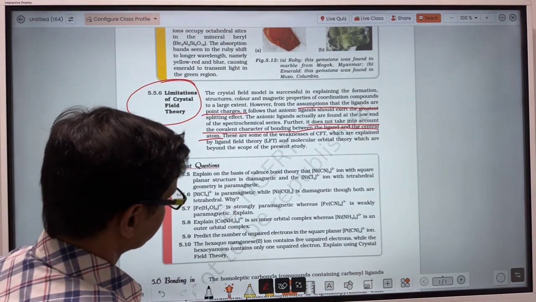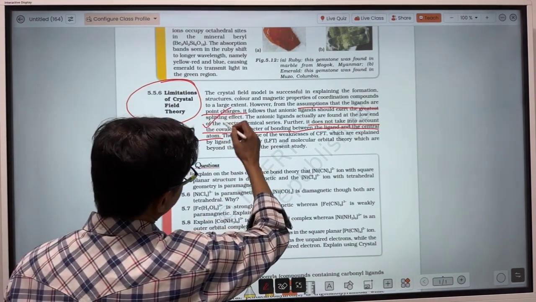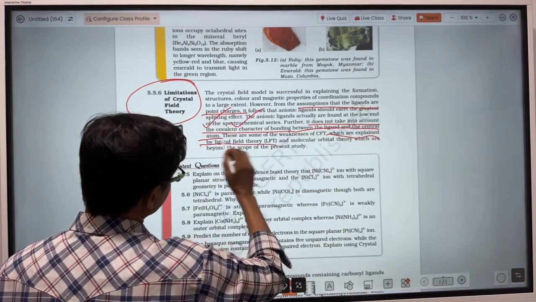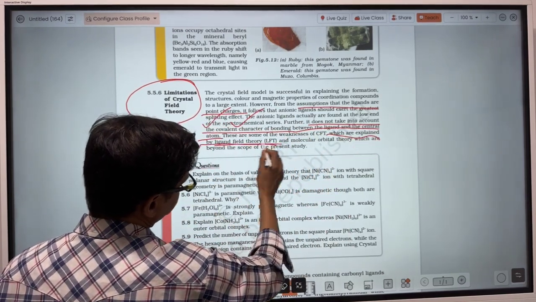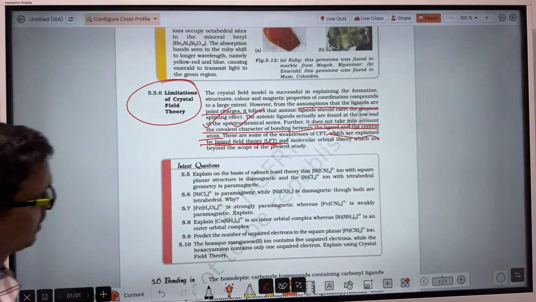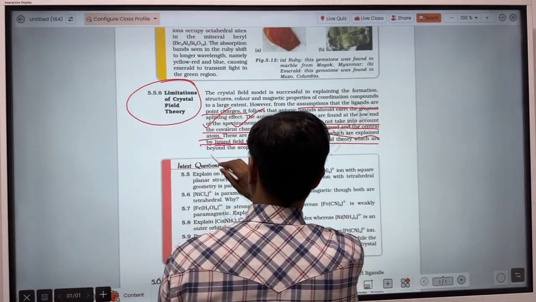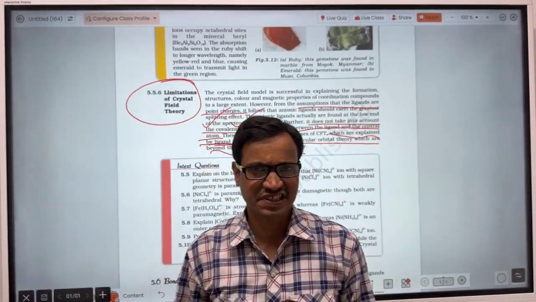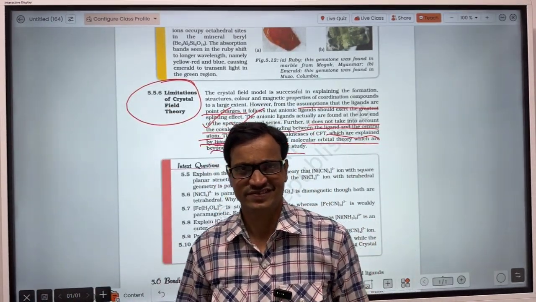Why is there covalent characteristic between central atom and the ligand? These drawbacks of the crystal field theory have been explained in ligand field theory as well as the molecular orbital theory, which you will have to discuss in higher classes.